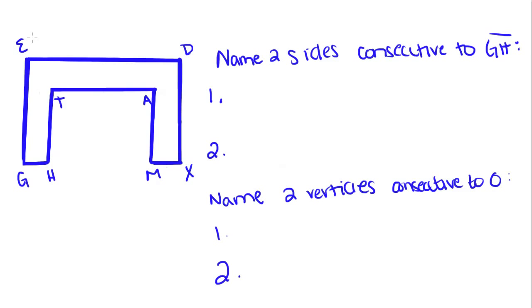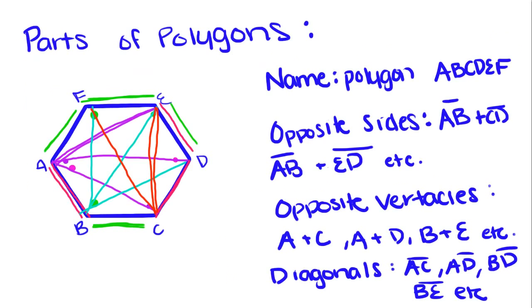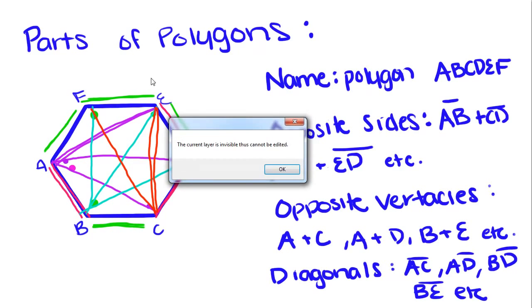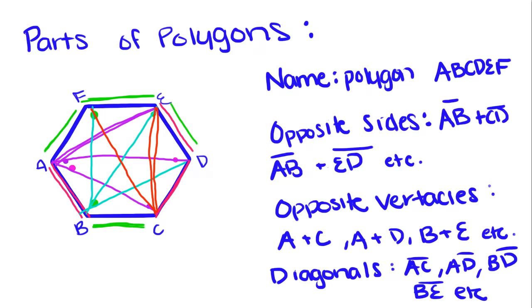So, name two consecutive sides to GH. And if you go back to our first page, I'll show you what consecutive sides are. These two sides are consecutive sides because they fall right next to each other.